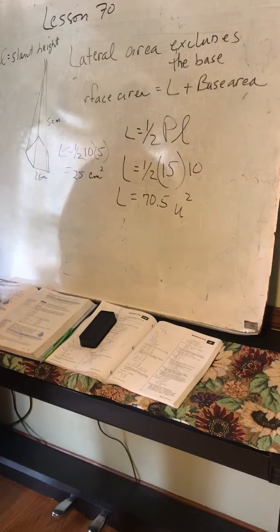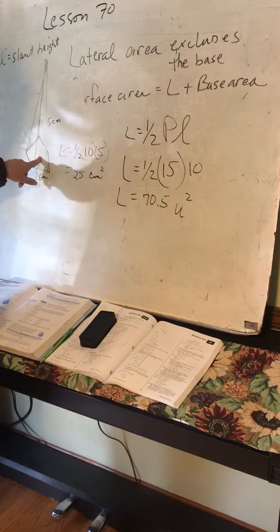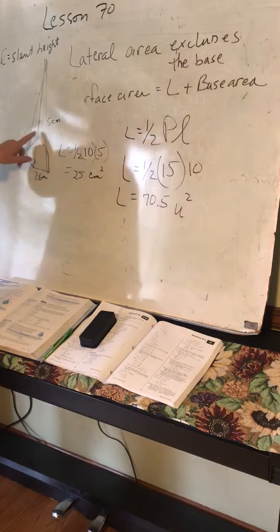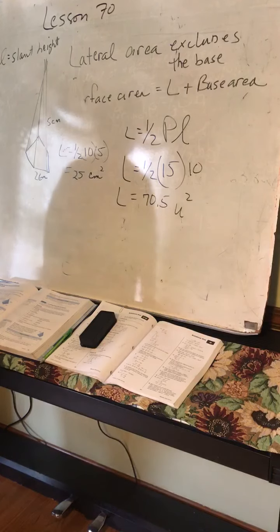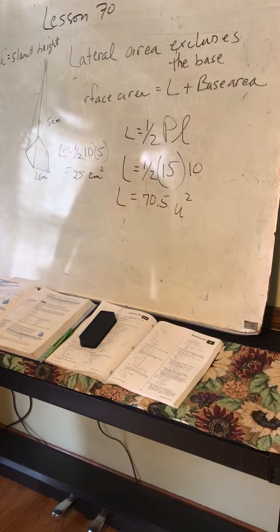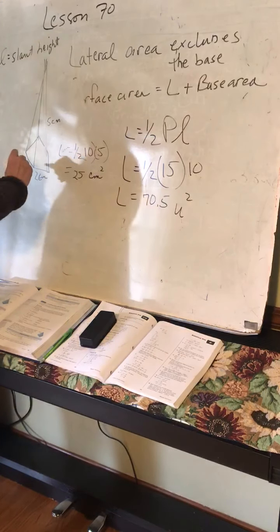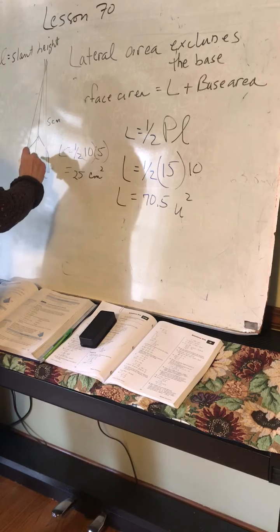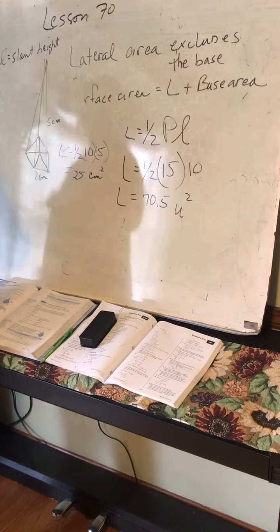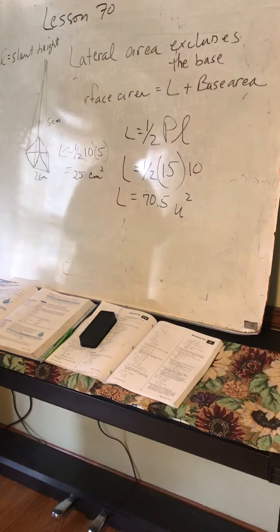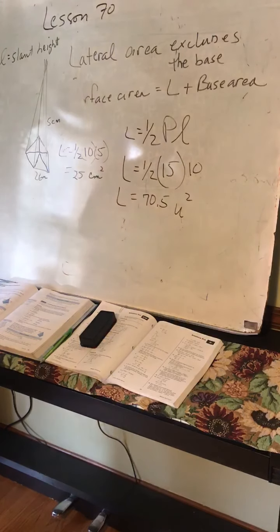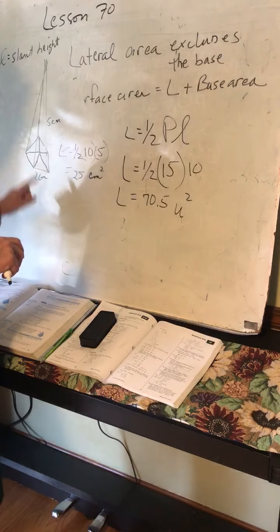Okay, to do the surface area, we would have to get the area of the base of this figure, and remember we did that as long as they're regular polygons. We could do that. We would do triangles, and we did that in another chapter, so you can go back there and look at that if they have you do that.